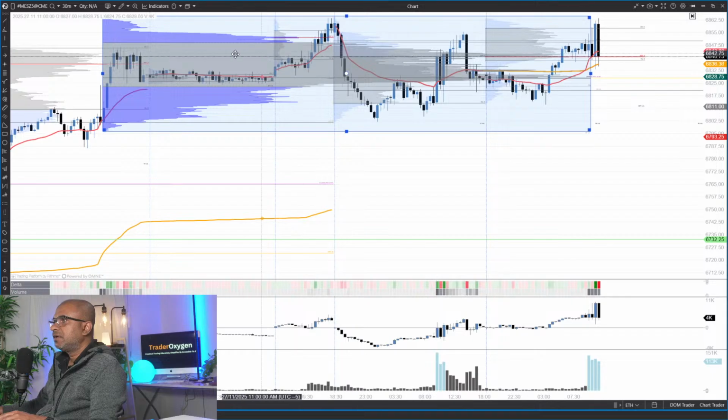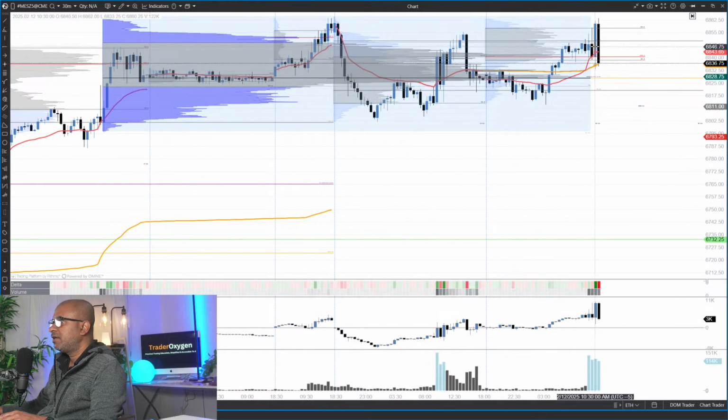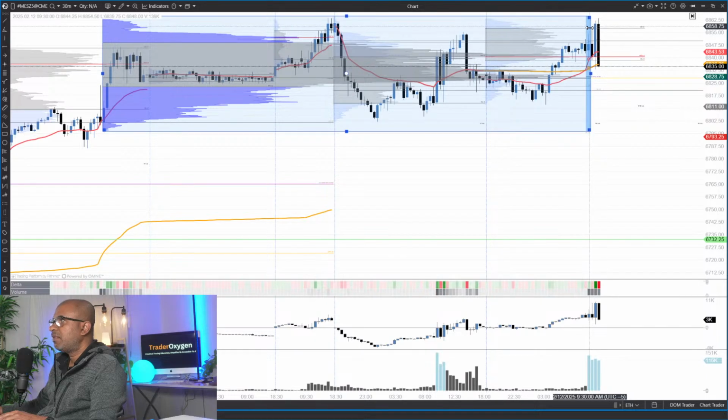If you look at the fixed range volume profile we have drawn for this range, in the S&P 500 at New York time 9:30 AM, the price pushed away from the value area high, and then the price again came back into the value area at the New York open time.